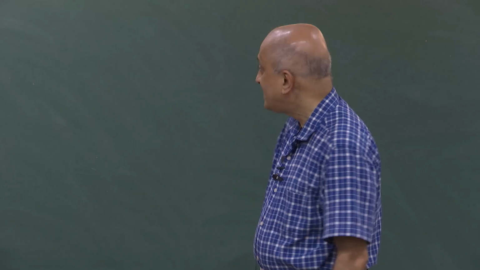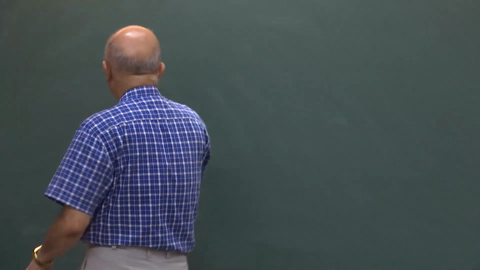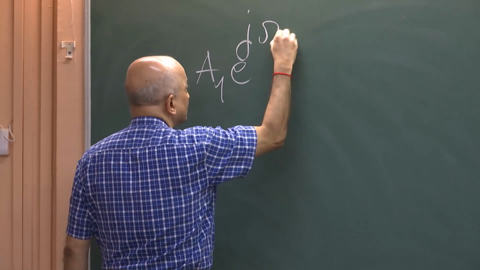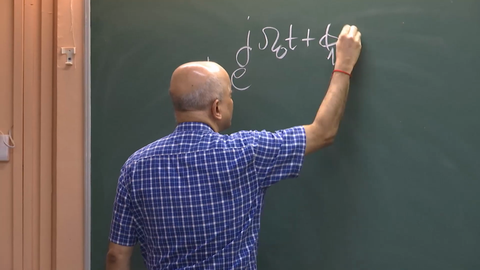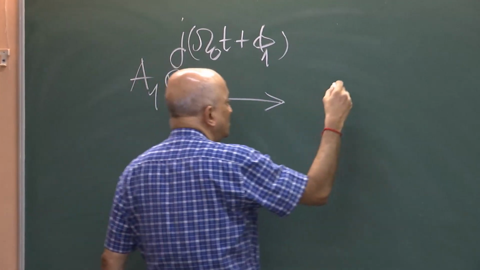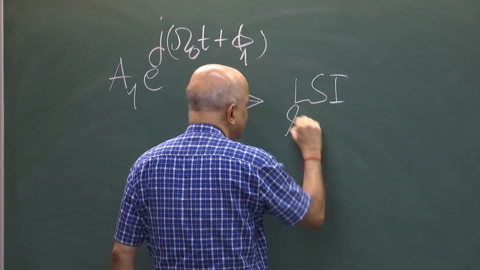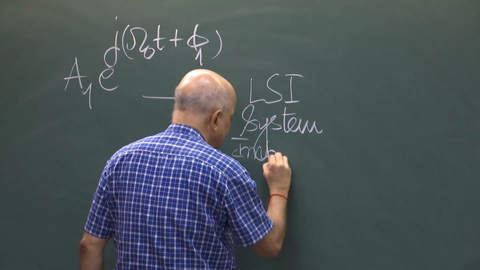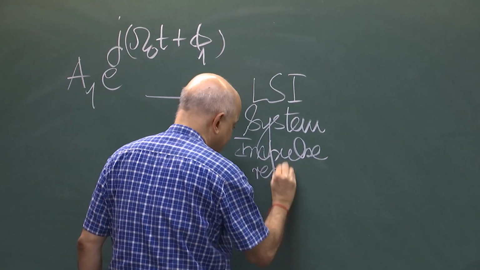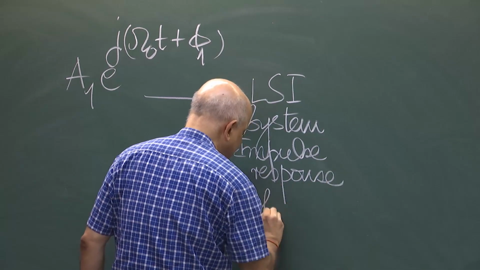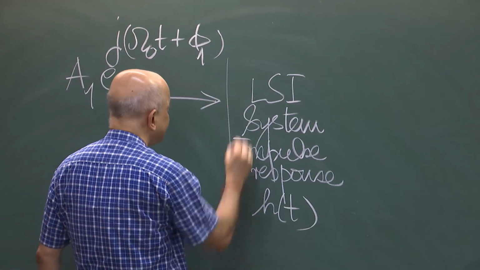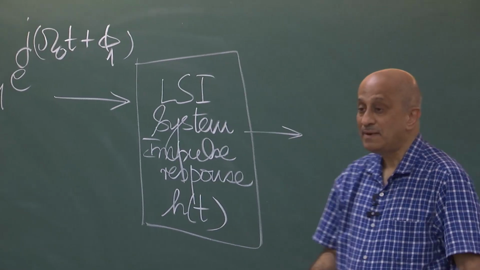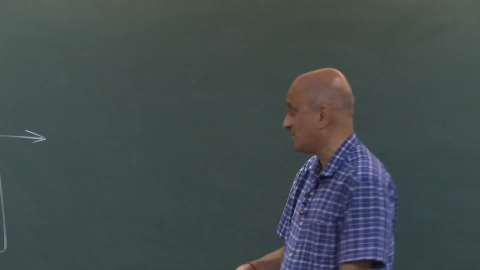And we saw that when you give a complex exponential to a linear shift invariant system with impulse response h(t), what you get is the same complex exponential multiplied by a complex constant.